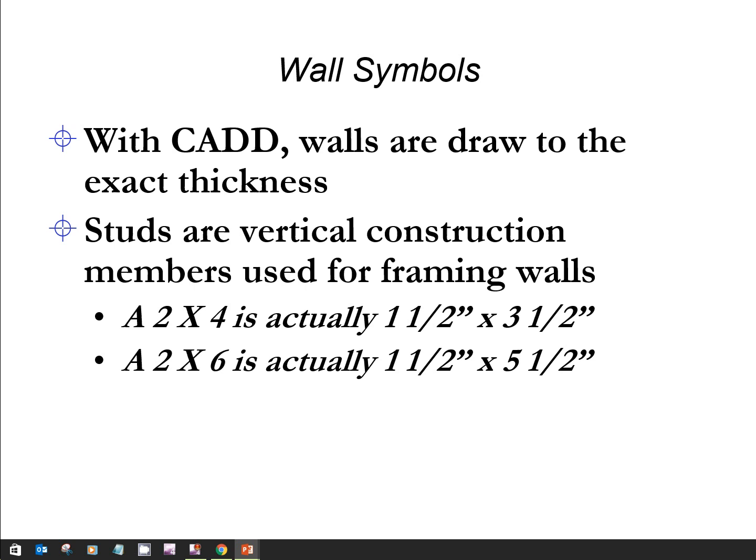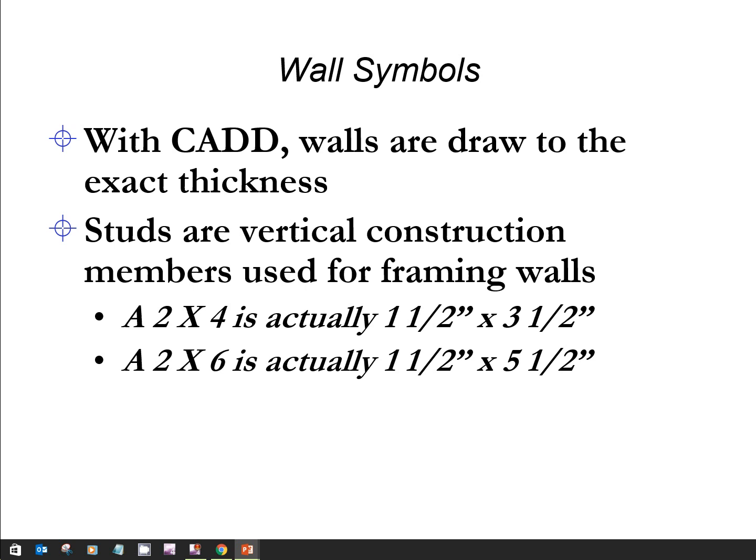And if you're wondering why they are not the size that they are called, it's because when the lumber is cut at the sawmill, if they're going to run 2x4s, they cut them 2 inches by 4 inches because they're using a rough cut saw blade.